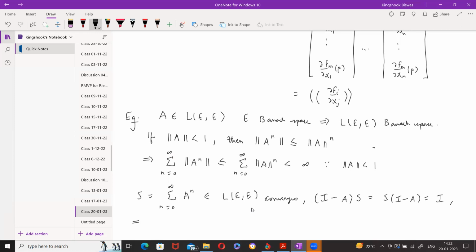So that means that S is equal to the inverse of I minus A.